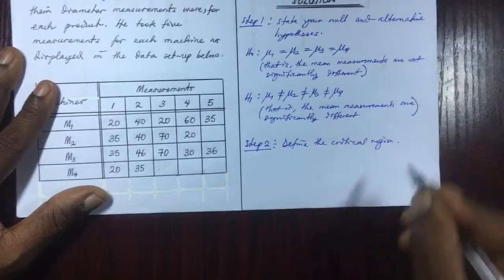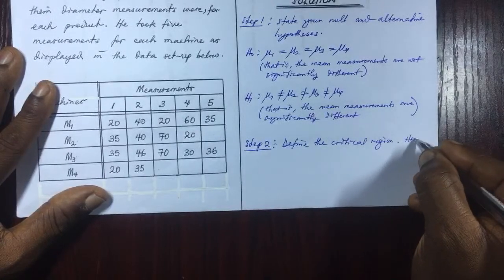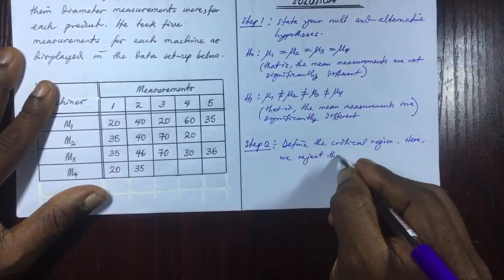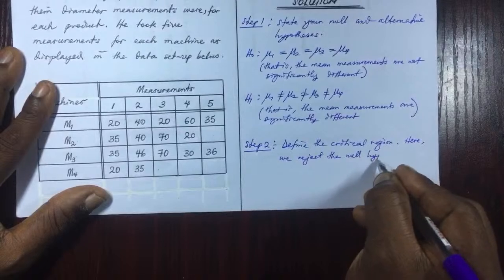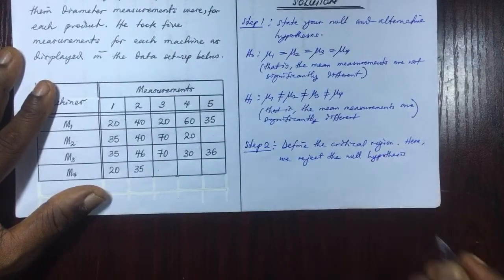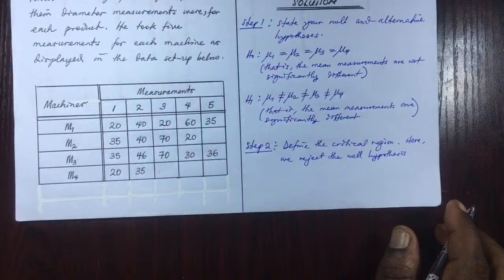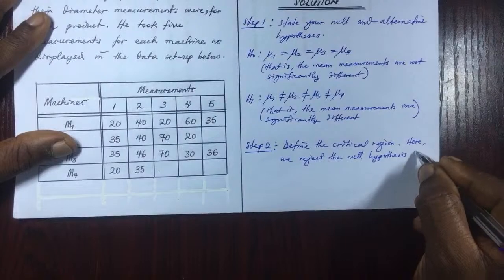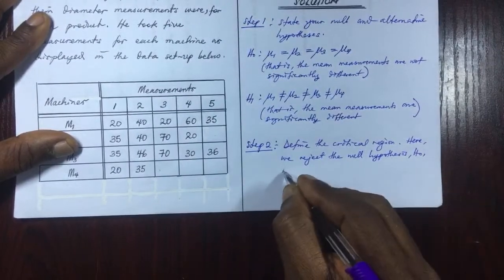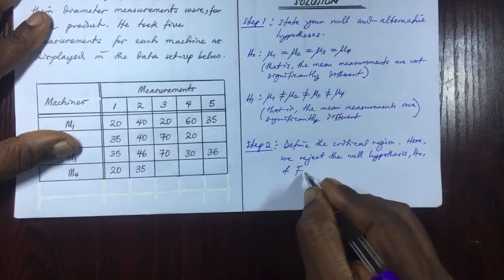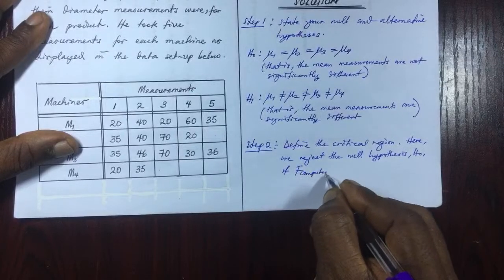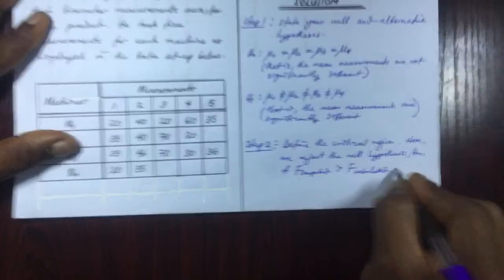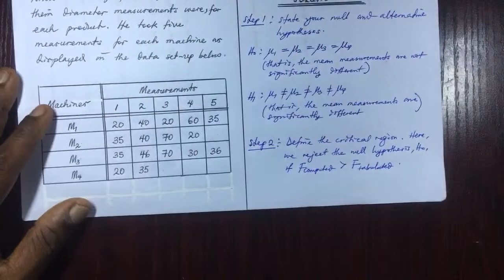Under defining the critical region, you tell us under what condition you reject the null hypothesis. Here, we reject the null hypothesis H0 if F computed is greater than F tabulated. So this will be the critical region.